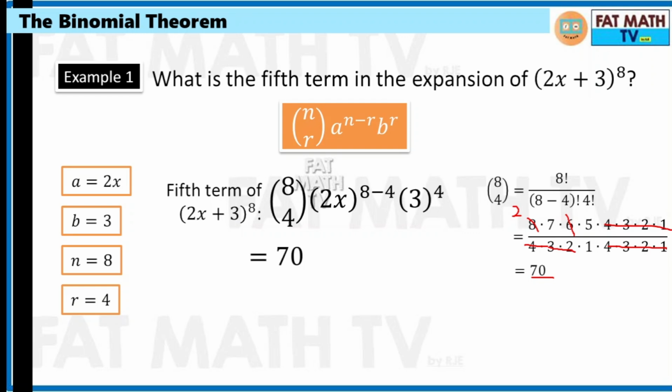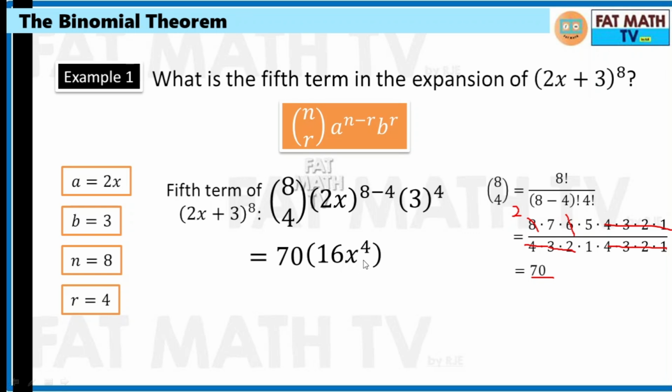For the exponent here, 8 minus 4, we have 4. So (2x) raised to 4 is 2 raised to 4, x raised to 4. Or you can have 2x times 2x four times, or you can simply raise 2 to 4 and x to 4. 2 raised to 4 is 16, and x is raised to 4.